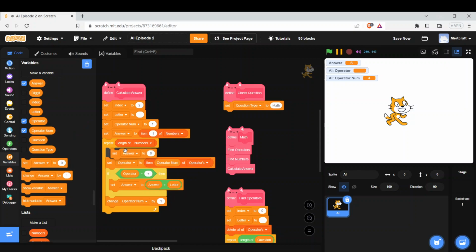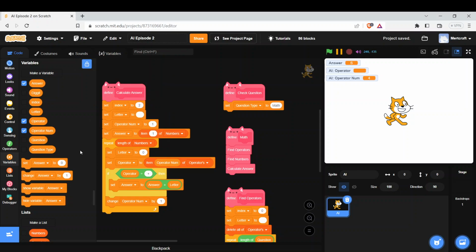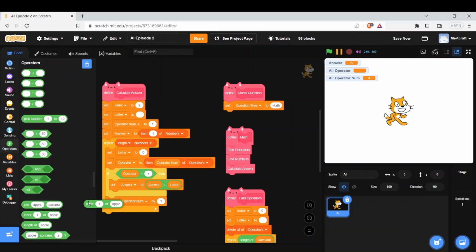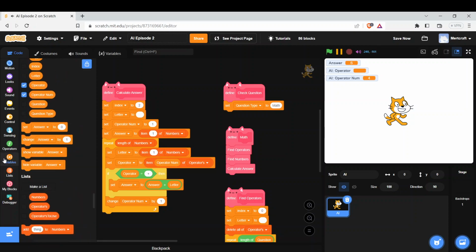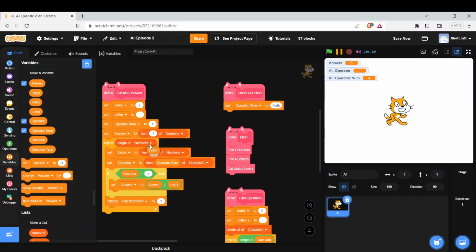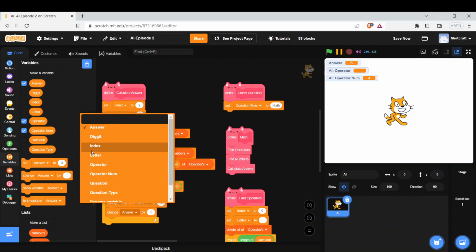And then in here we need to put a set letter to item index of numbers. And in here change index by 1.